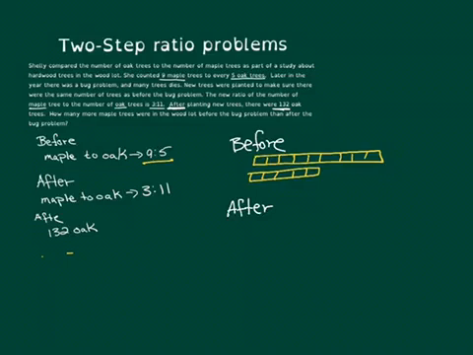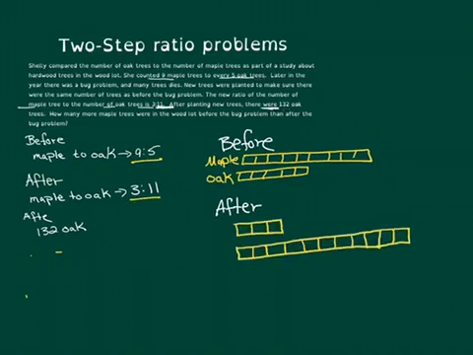So this is 9 maple to 5 oak. After maple to oak, it was 3 to 11. So 3 maple to 11 oak.